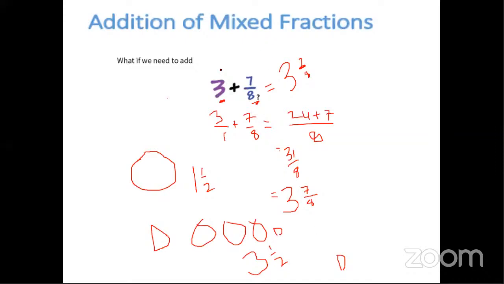But in your mind, once I have this one, automatically I know my answer is 3 and that. That is what I want us to see when we are working with the fractions. So when you have the mixed fractions, that is how you're going to work it out.